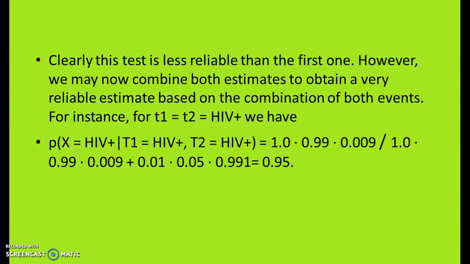That is 1.0 into 0.99 into 0.009 over 1.0 into 0.99 into 0.009 plus 0.01 into 0.05 into 0.991, and when we calculate, the final value comes to 0.995.